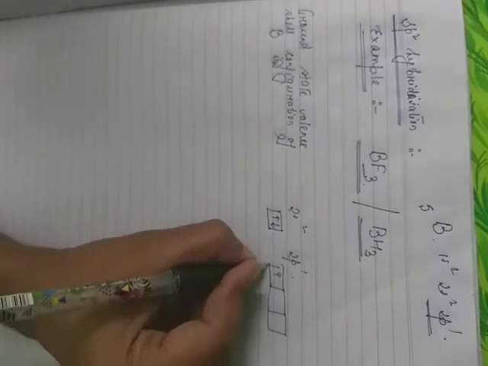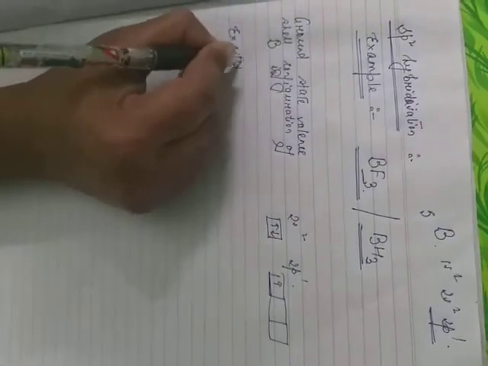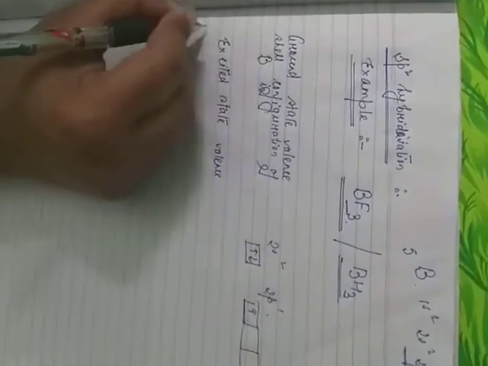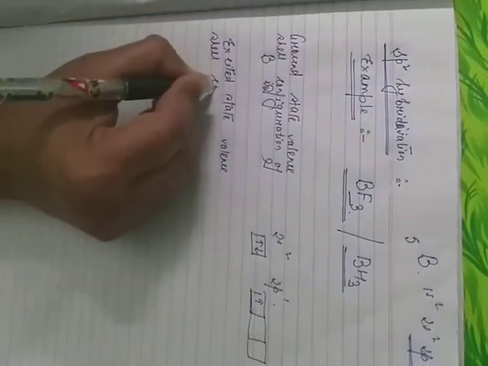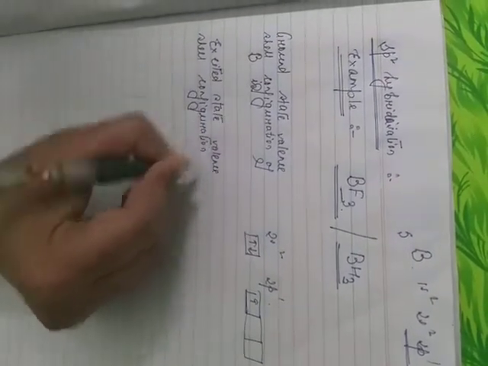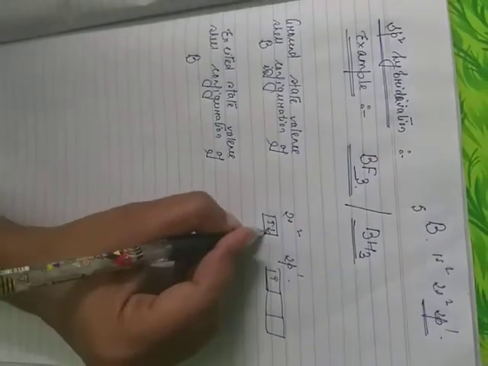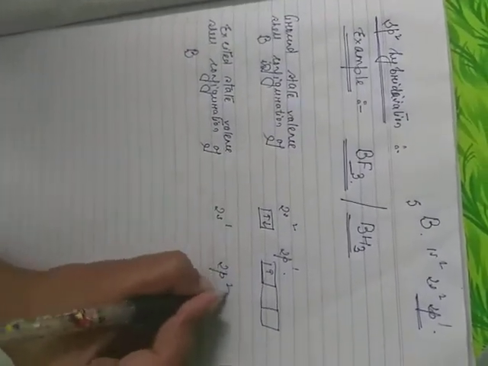Since it has to form 3 covalent bonds, it requires 3 half-filled orbitals, but practically how many half-filled orbitals do we have? 1 in the ground state. So again in the excited state, the excited state valence shell configuration of boron would be 2s1, one of the 2s would migrate over to 2p, 2p2.